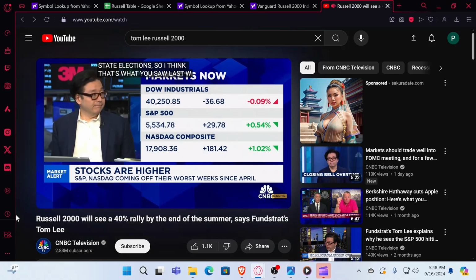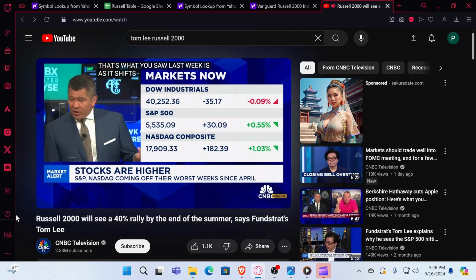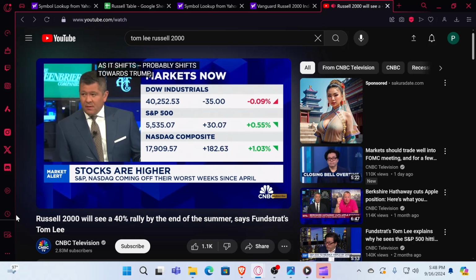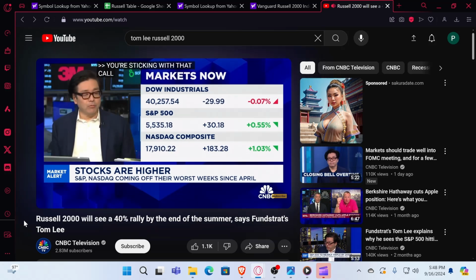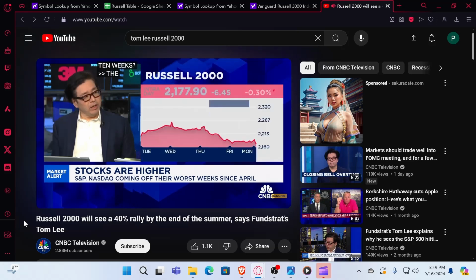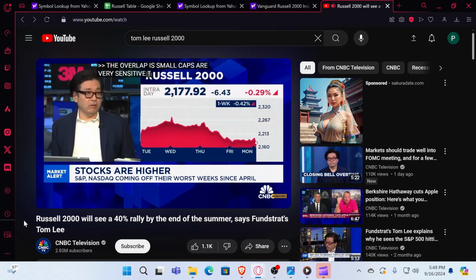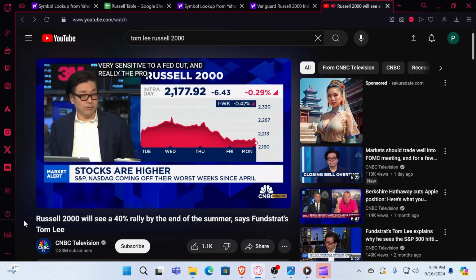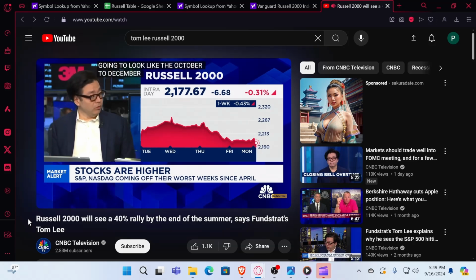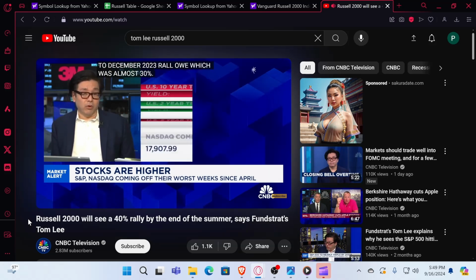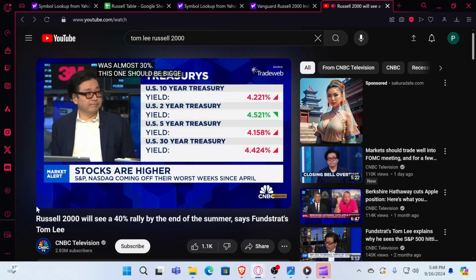And you're sticking with that call, which is for what, 40% over 10 weeks? The overlap is small caps are very sensitive to a Fed cut, and really the probability of a Fed cut, that it's finally happening. And I think it's going to look like the October to December 2023 rally, which was almost 30%. This one should be bigger because of the amount of short positioning and the amount of oversold in the Russell. So yeah, 40% by the end of the summer. I just want to dig into it.